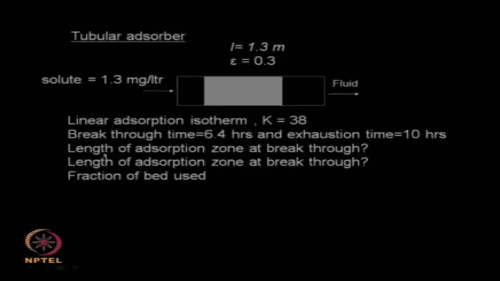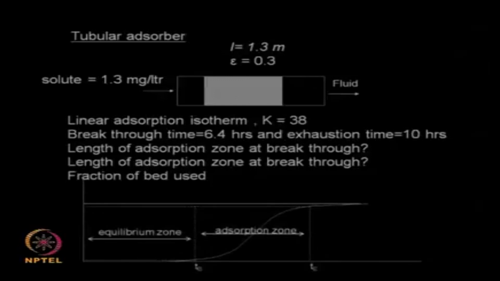So you are asked to calculate the length of the adsorption zone, and the fraction of the bed used at the breakthrough. Now let us recall how the breakthrough curve looks like and what the adsorption zone and equilibrium zone are.